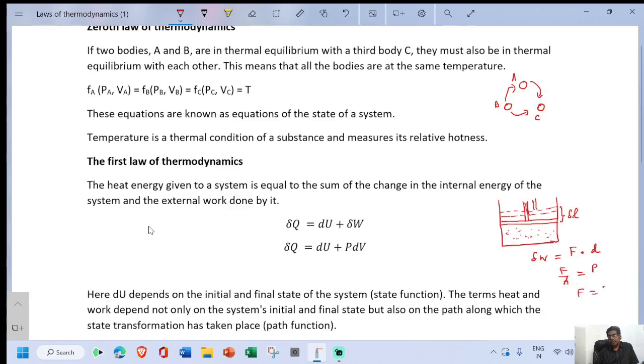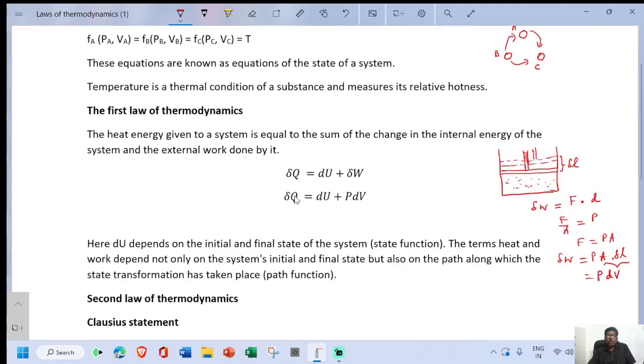Therefore, F is equal to P into A. Now, delta W is equal to pressure into area, then the distance moved is delta L. This A into delta L is dV, the change in volume. So, P dV. In this way, we have replaced this delta W by P dV.